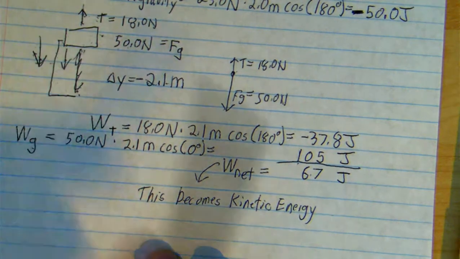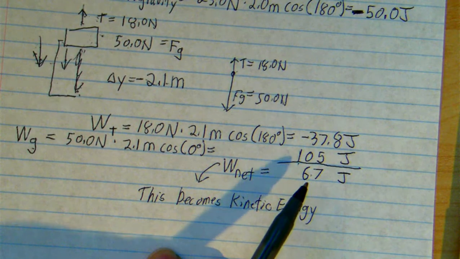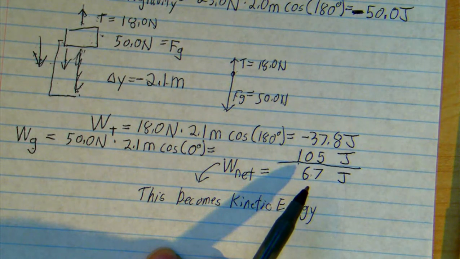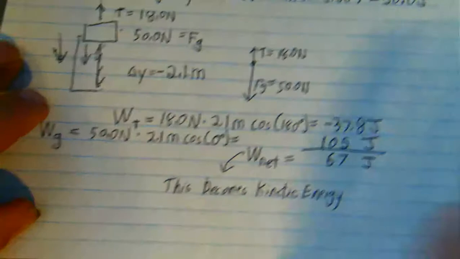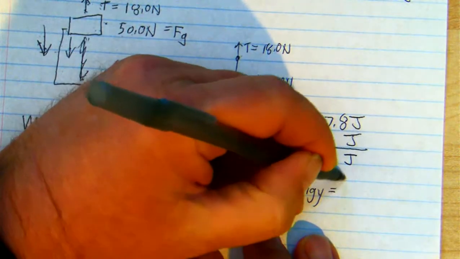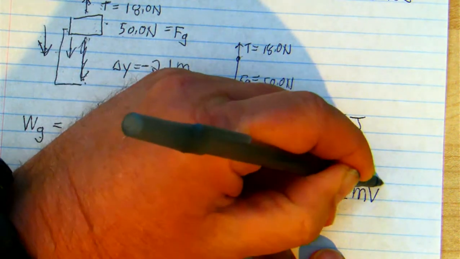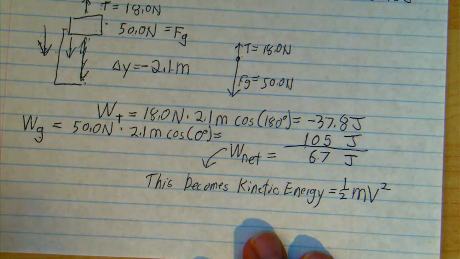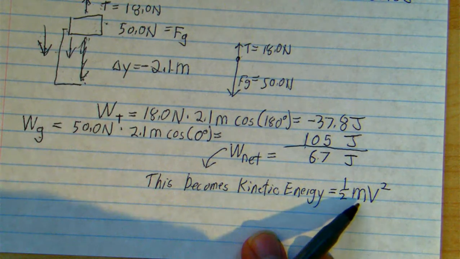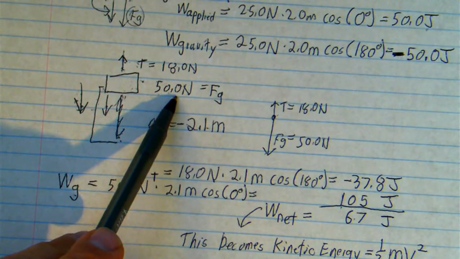So if it started from rest and you add this much energy to it, then it becomes possible to calculate what is its speed after this much energy has been added to it. Well, the formula for kinetic energy is 1/2 times the mass of the object times its velocity squared. I don't have the mass of the object. I have the weight of the object.